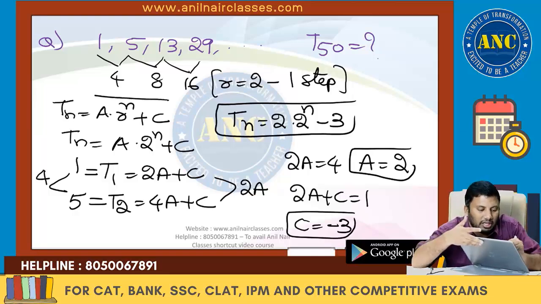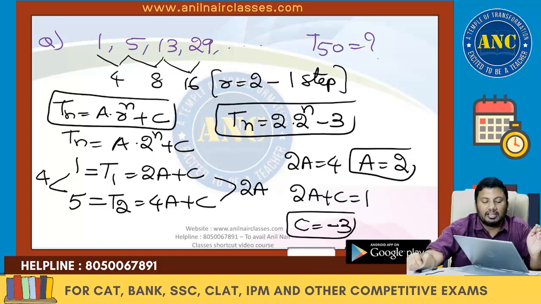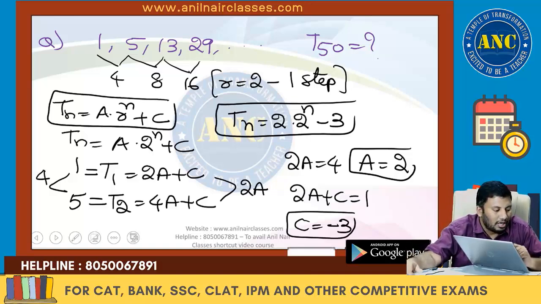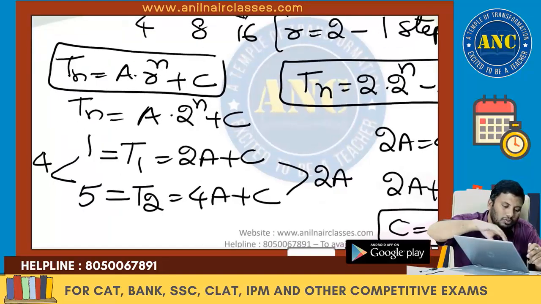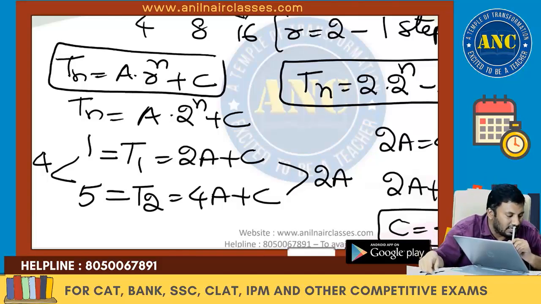Tn is a into r power n plus c. I hope the idea is clear. Whatever we discussed is for when the series is increasing.